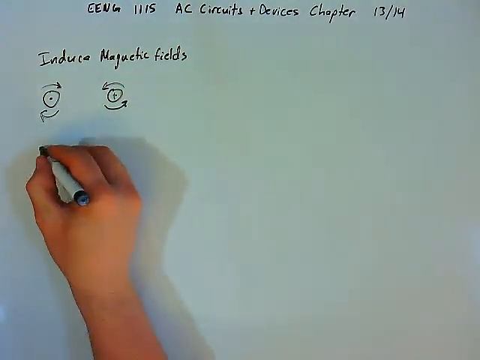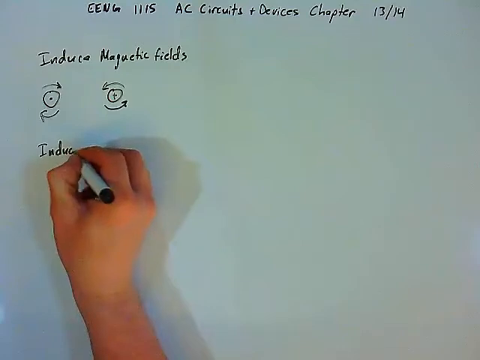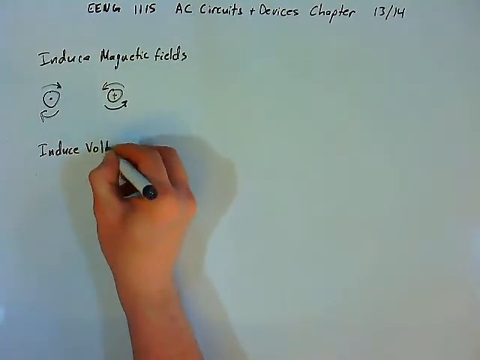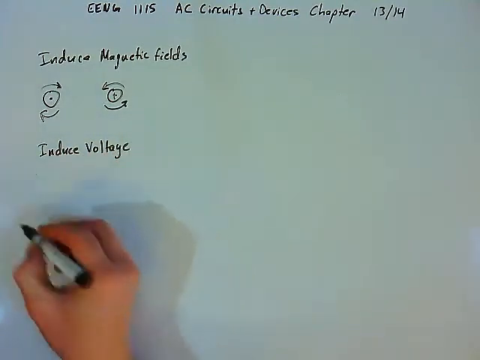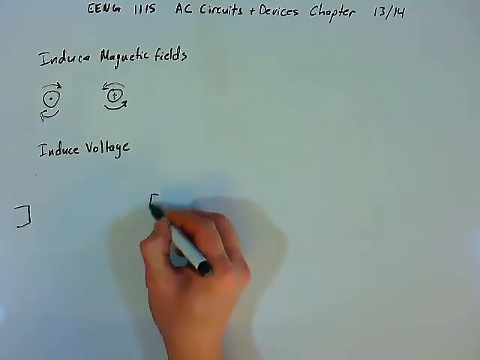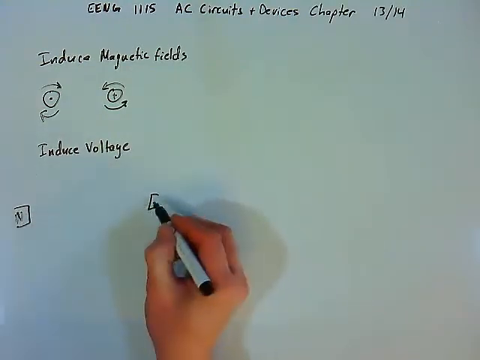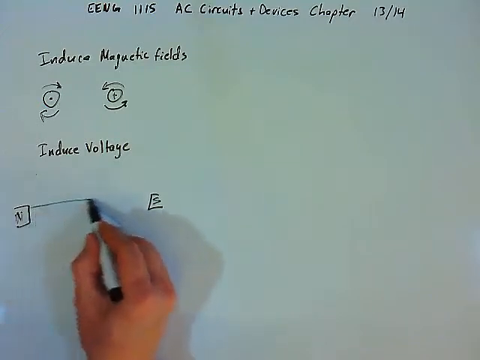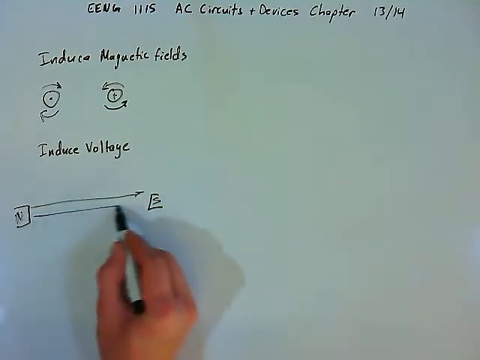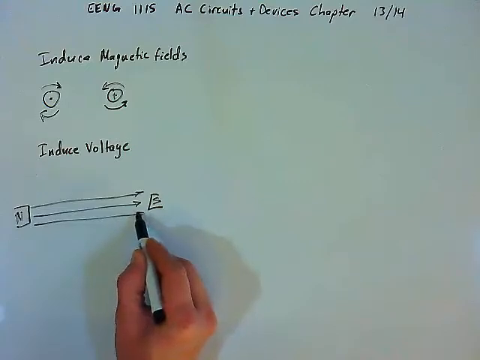We can also induce voltages if we have a permanent magnetic field, north and south, and the flux lines from this field directed from the north to the south.